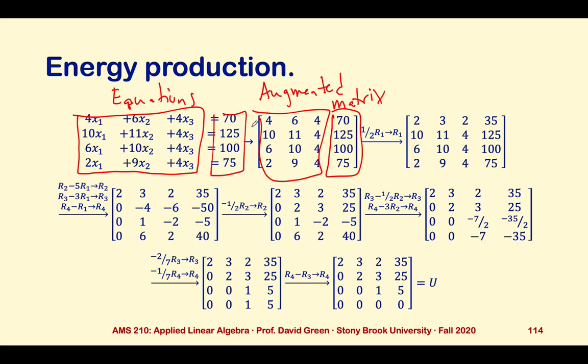Right? The first row, every number is even. I find it easier to do arithmetic with smaller numbers. And so the very first thing I'm going to do is this non-standard step of multiplying the first row by a half. That just converts 4, 6, 4, 70 into 2, 3, 2, 35.